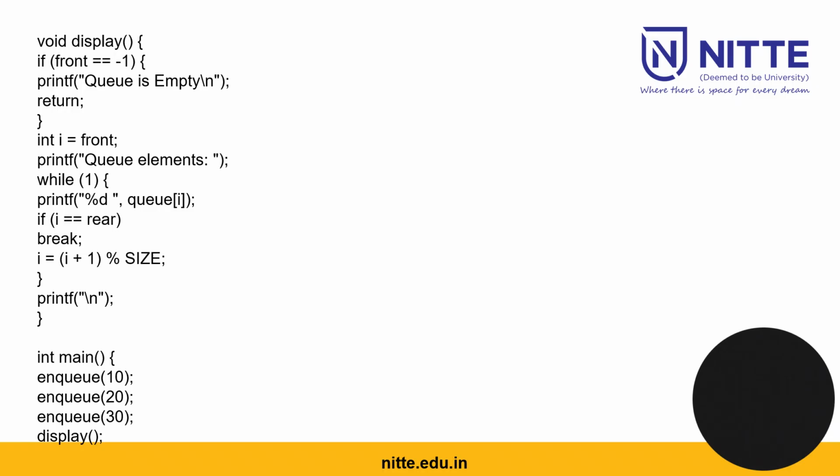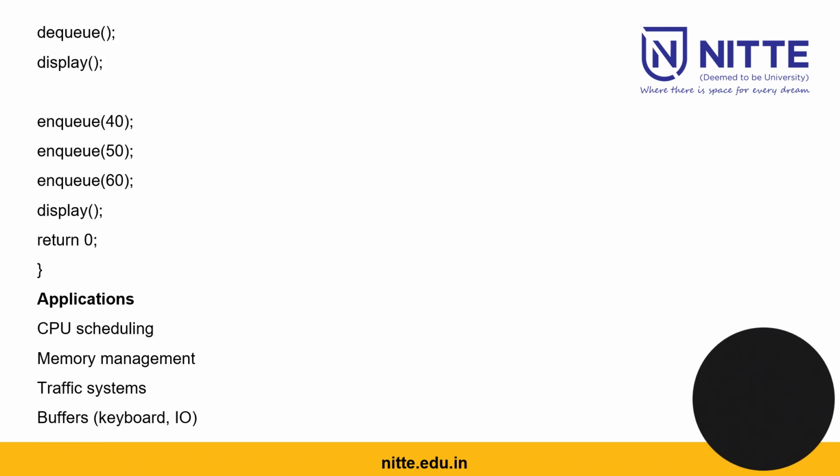Okay, now we have to write the main, that is NQ of 10, NQ of 20, NQ of 30, where these values will be NQ'd. Then I will display. Then 10, 20, 30 will be printed. Then I will DQ and display. So first element will be removed and the remaining two elements will get displayed.